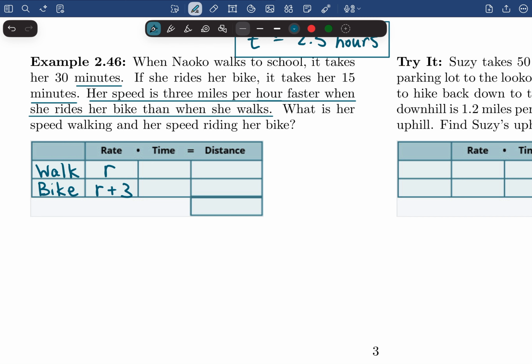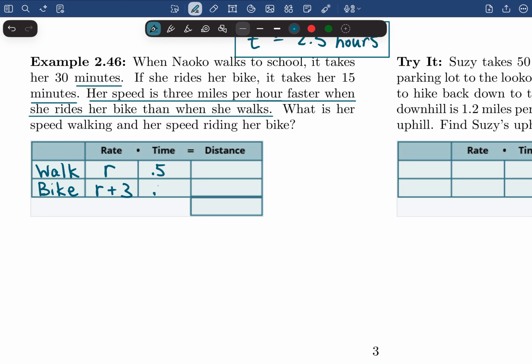When she walks, it takes her 30 minutes, which is 1/2 of an hour. You could write it as 1/2, or you could write it as 0.5, but let's write the time as hours, because that's how we're thinking about the rates in miles per hour. And when she bikes, the amount of time is 1/4 of an hour, so you could write 1/4 or 0.25.